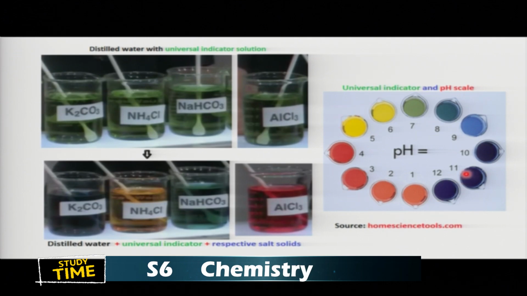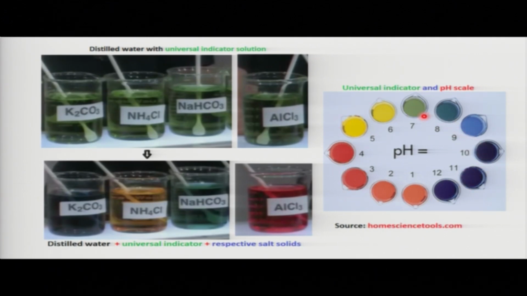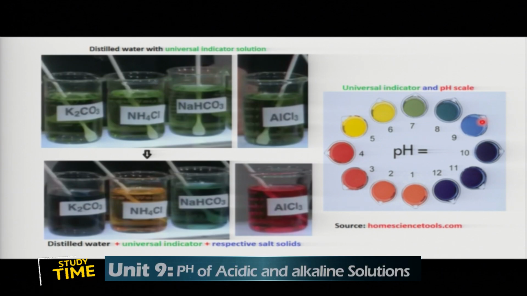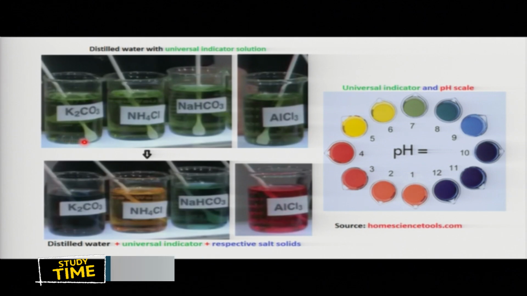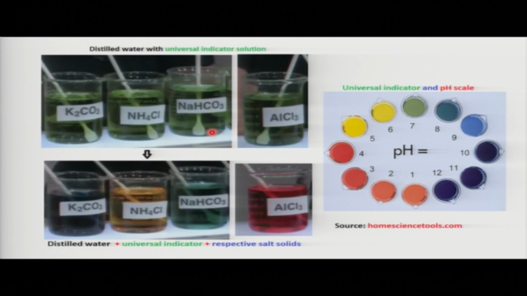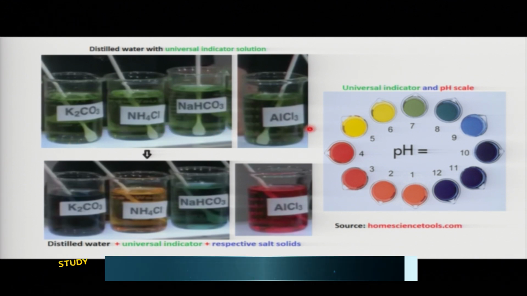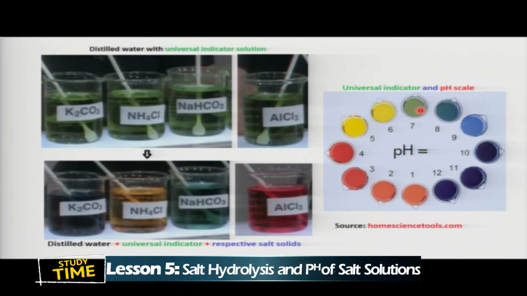Again, using our pH scale chart with the different colors: 7 is neutral with the green color, then pink, red, and yellow on the acidic side, then light blue to deep blue on the basic side. These beakers have distilled water with the universal indicator. As you can notice, the color is uniform, the same green color, indicating they are neutral.